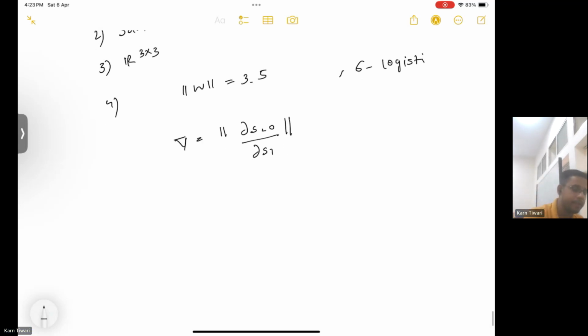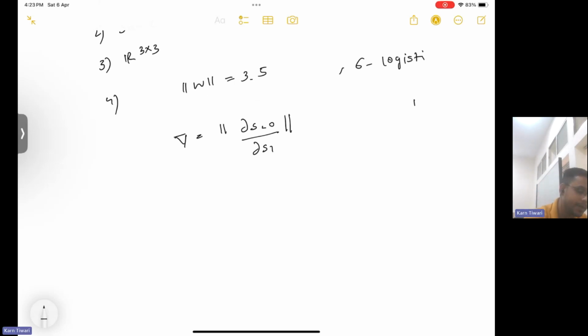So this sigma of x is 1 divided by 1 plus e to the power minus x. Okay, that's the logistic function we are having.